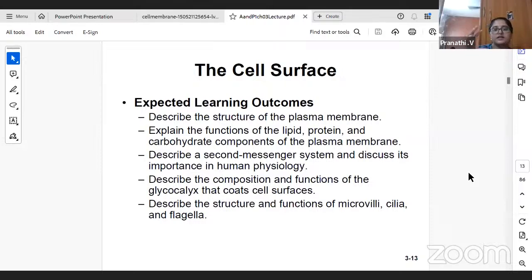There is one particular chapter for you that has been designated only for that, and you have the signaling pathways in it. We will come to that maybe once, in the future. What is the component of the cell membrane and the cell surface? Then what are microvilli, cilia, and flagella?